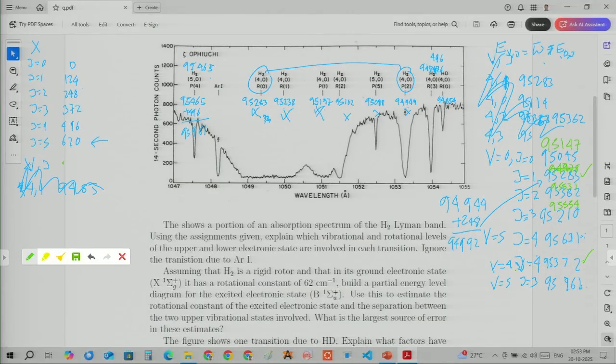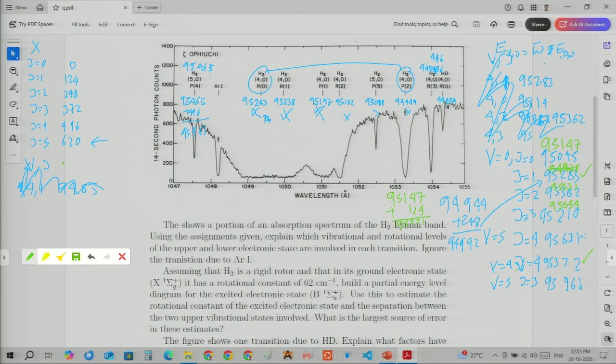So the question is, when you do P1, you get the same answer. And that's 95147 plus 124 gives you 95271, 95283.